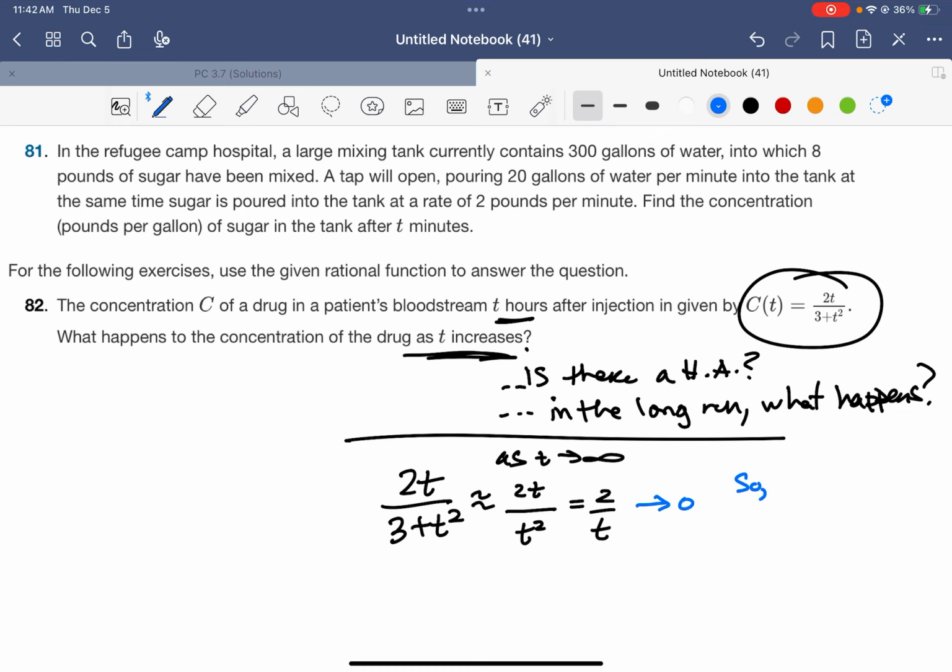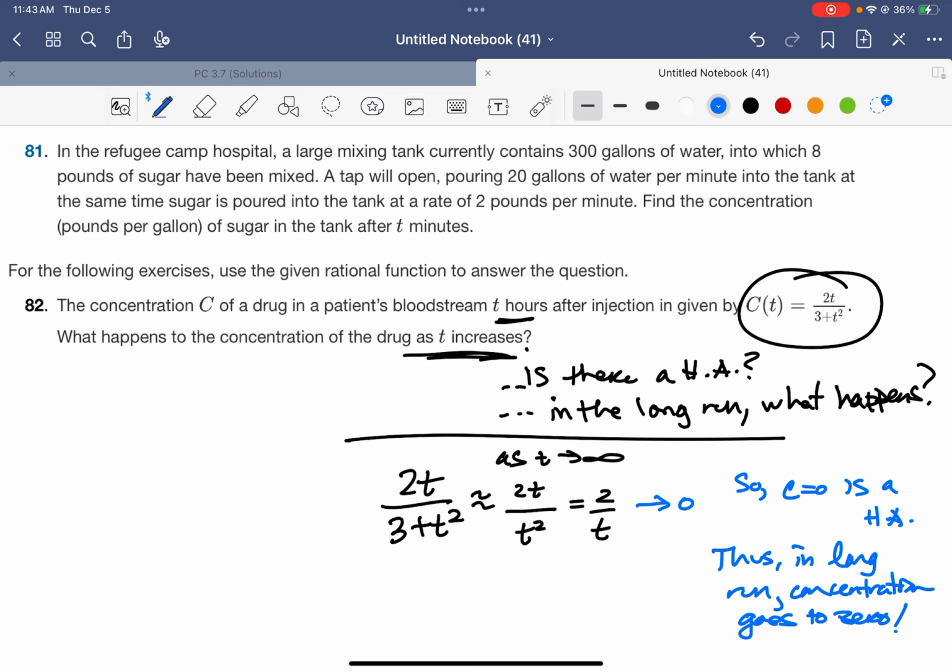So c equals 0 is a horizontal asymptote. Thus, in the long run, concentration goes to 0. Great work.